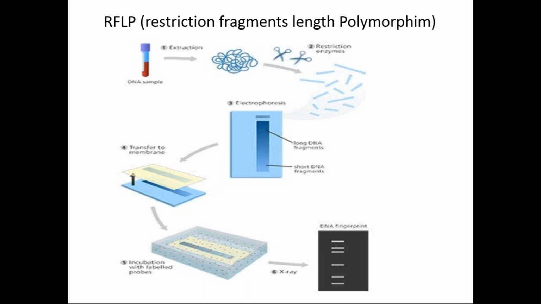In every case, 1, 2 or 3 persons are suspected. So in the forensic laboratory, we receive the biological evidence and from that sample we extract the genomic DNA. Simultaneously, we recover a blood sample from the suspect, and from that blood sample we again extract the genomic DNA. Both genomic DNAs we cut with the help of restriction endonuclease enzyme.